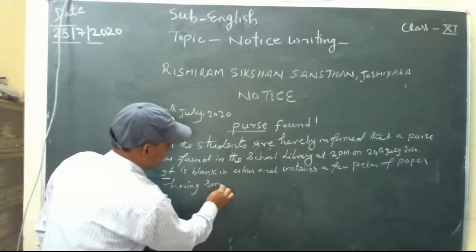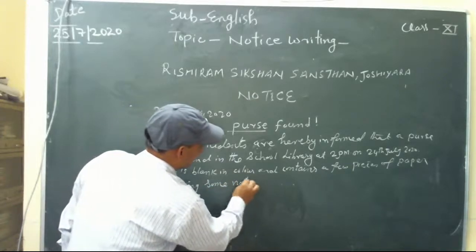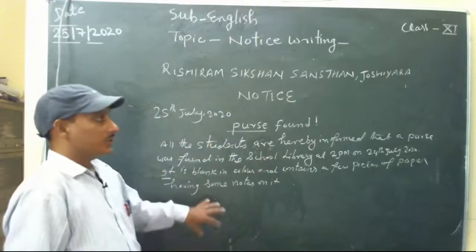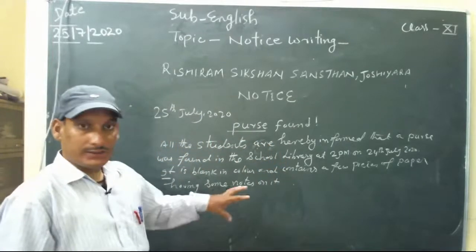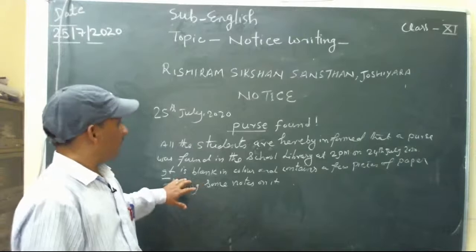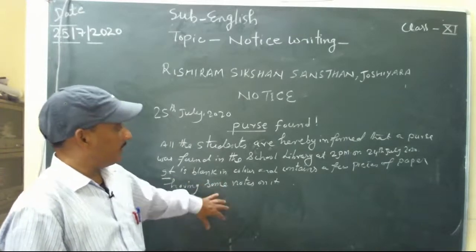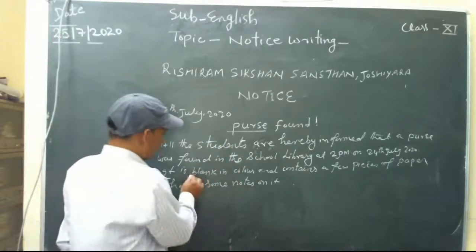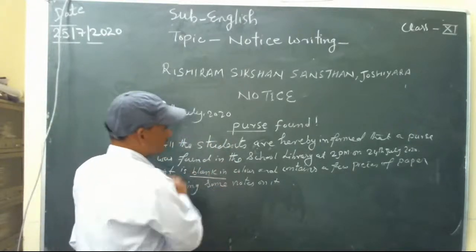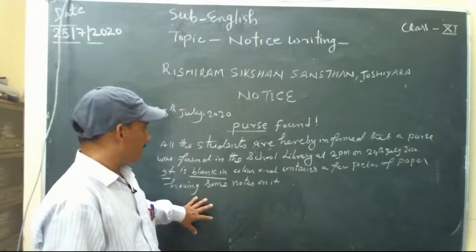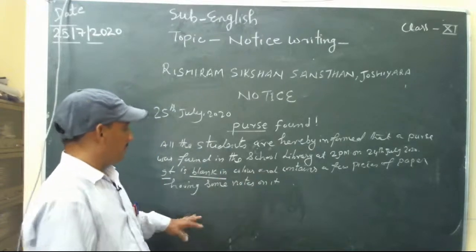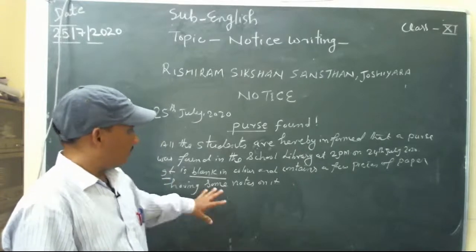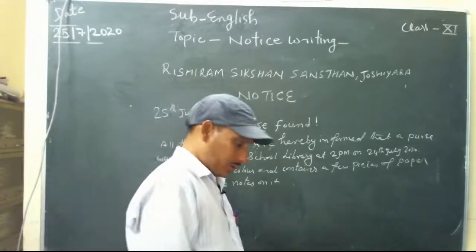You are just trying to give a little description of the items which you found inside the purse. First of all, the color of the purse is black, and it also contains different small pieces of paper which contain certain knots.